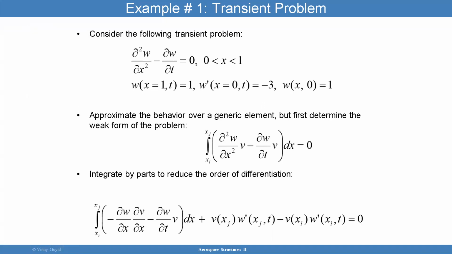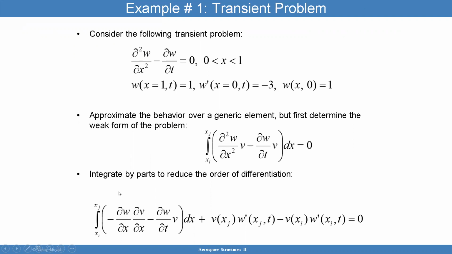So here's an example of a transient problem, where this is equal to 0. I have some initial boundary conditions. I can approximate the behavior over a single element by multiplying this partial differential equation and making it orthogonal to a function v. So I'm multiplying this whole thing by v.